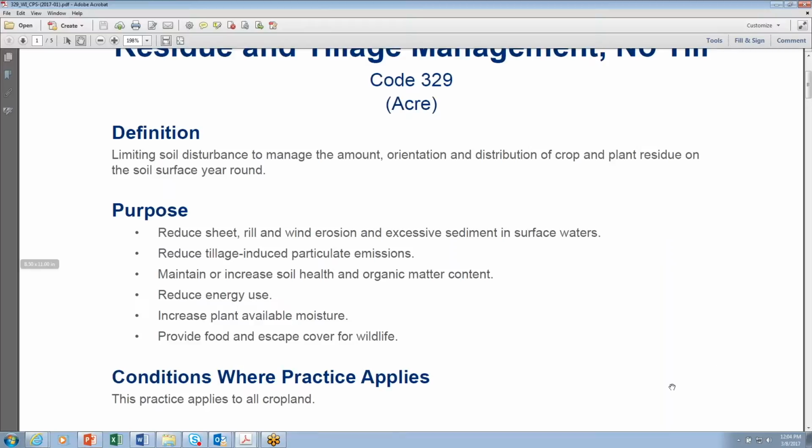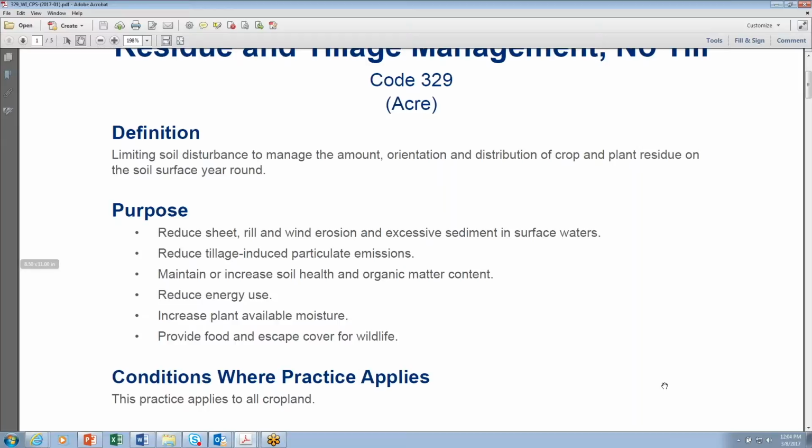The purpose for 329 has expanded a little bit recently, but overall it's always about reducing sheet and rill erosion as well as wind erosion and dealing with excessive sedimentation into the surface waters of Wisconsin. So reduced tillage also looks at particulate emissions, in other words, dust emissions.